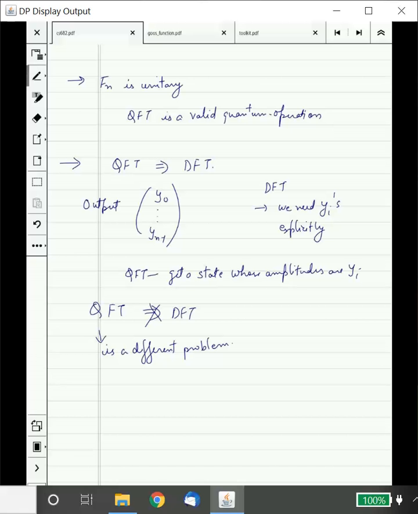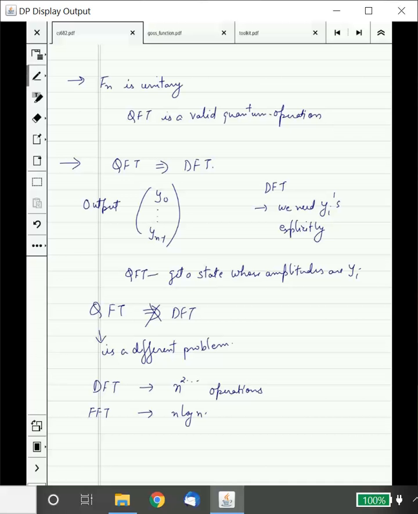But still, if someone tells you that we can do DFT on a quantum computer faster, that's clearly not so. It turns out that QFT is a much, much faster algorithm than the DFT algorithm, but they are solving a different problem. DFT requires n squared operations, the coefficient for matrix multiplication, so this many operations at least. There is a fast Fourier transform which can do the Fourier transform much faster.